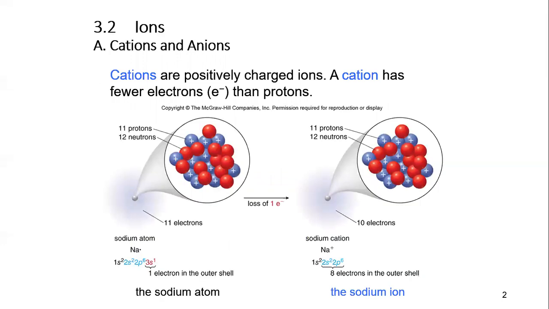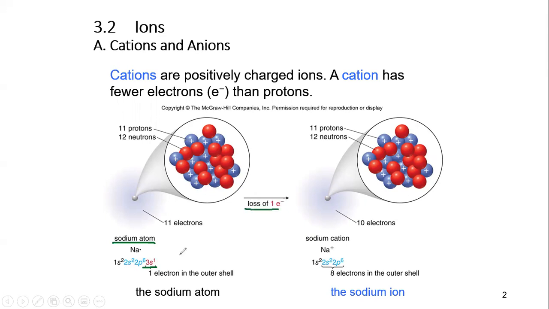And so here's an example. We look at sodium, and this goes back to valence electrons. So the sodium atom has one valence electron in the 3s1, the 3s orbital. Now sodium likes to form a cation. So the way you form a cation is you have to lose electrons.